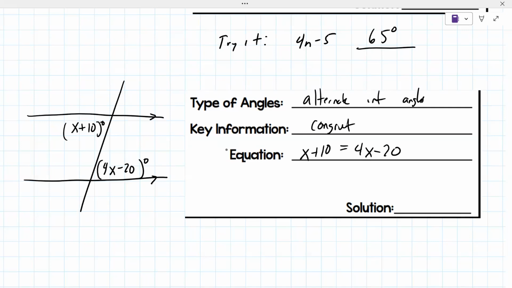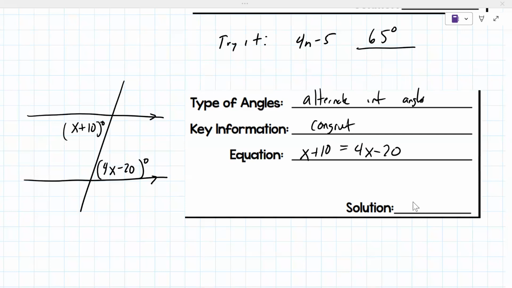Okay. Could you solve that for me, please? X equals 10.